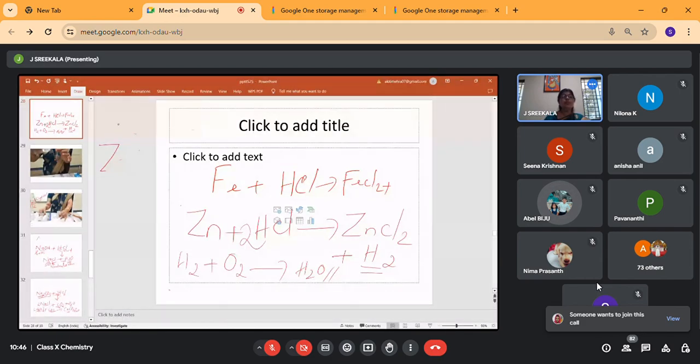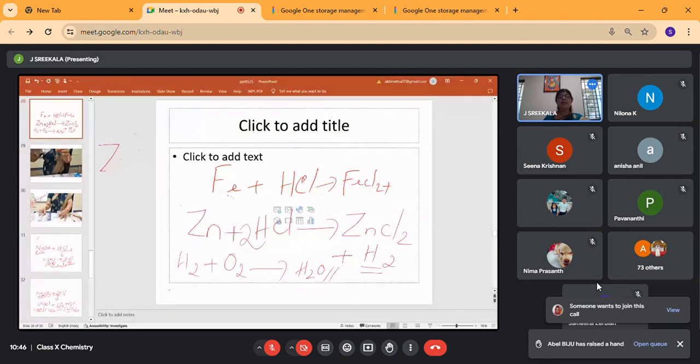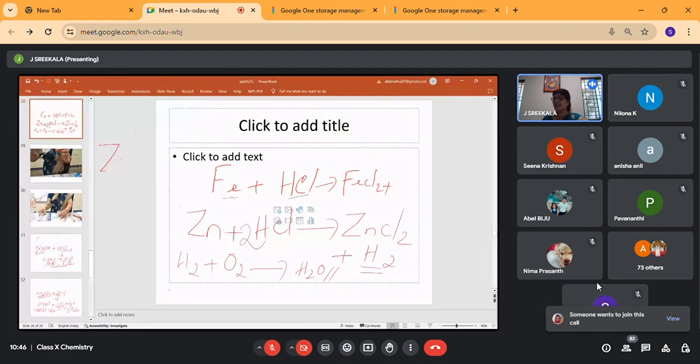Here, how iron and HCl react. Fe plus HCl. You have to write the full equation: FeCl2 plus H2. Usually, children, you make mistakes in writing the formulas. For iron chloride you may write FeCl or something else.